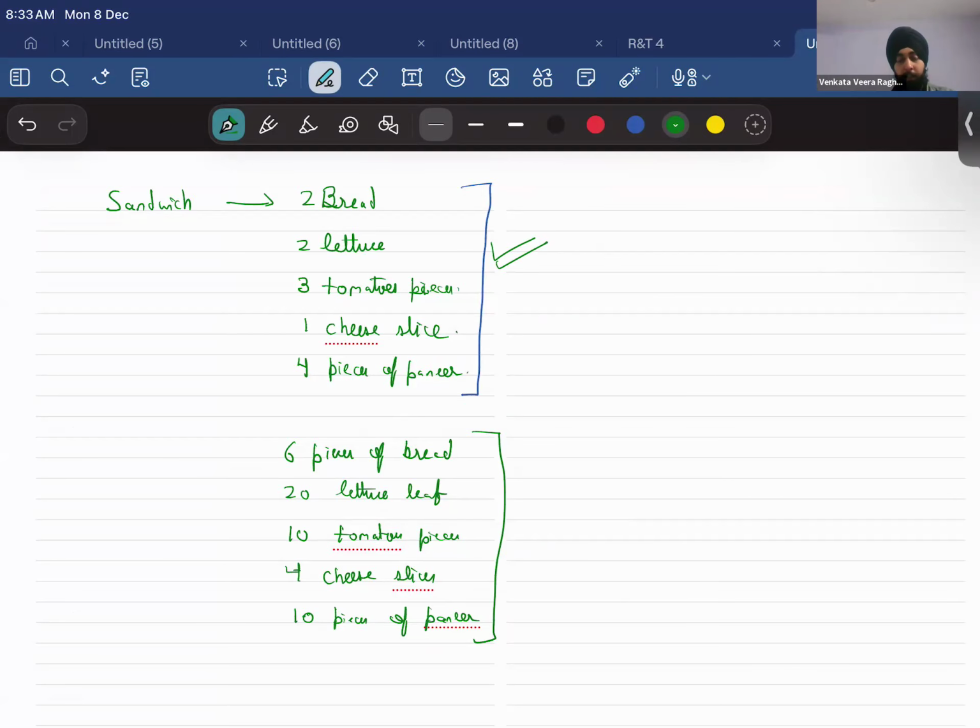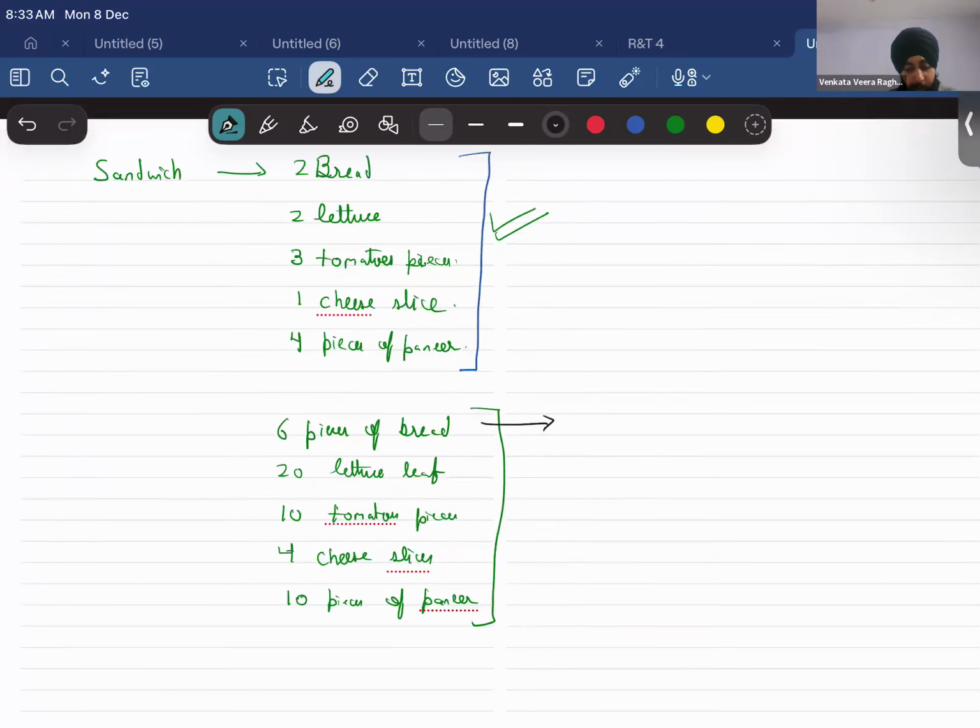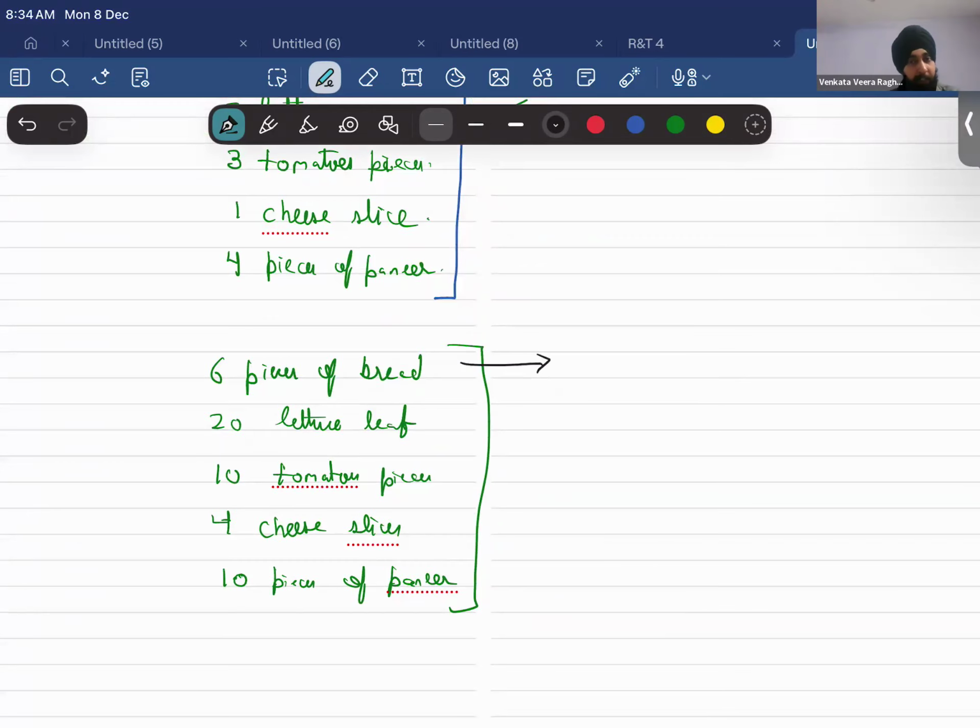With this required information, how many sandwiches can you make? Let's say 2, sir. With 6 pieces of bread, how many sandwiches are possible? Only I'm talking about bread. Three are possible. If I'm having 20 lettuce leaves, how many sandwiches can you make?